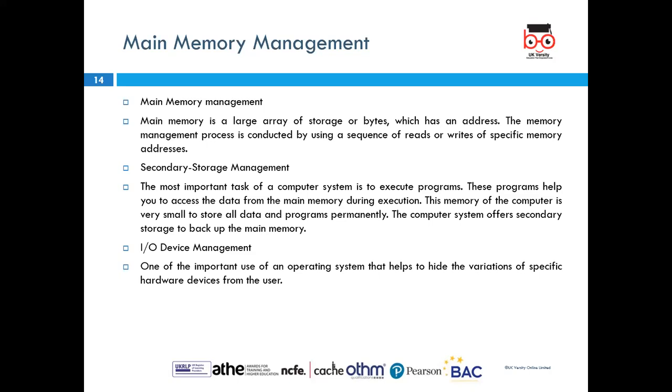While main memory will be the most important part of our computer system, and it is to execute programs. So it is our RAM, our volatile random access memory. You will have maybe a smaller storage space, something like 4 GB or 16 or 32 or 64, and this will give us quick access to our data.